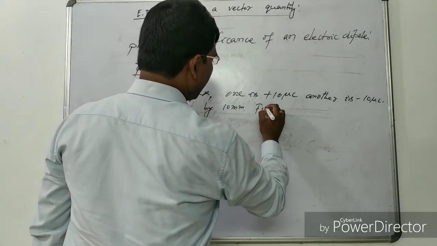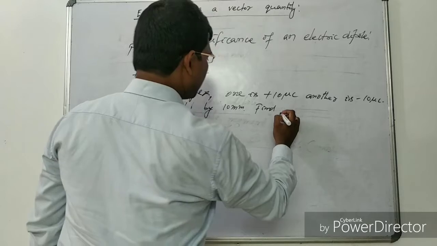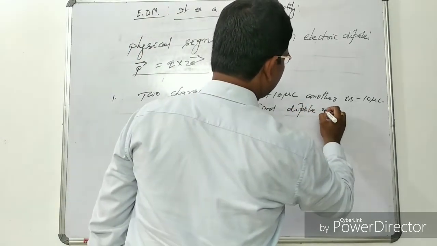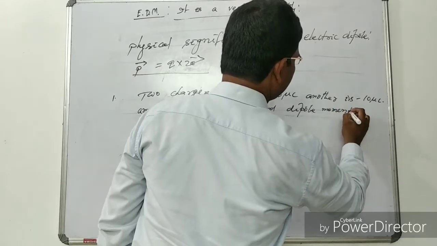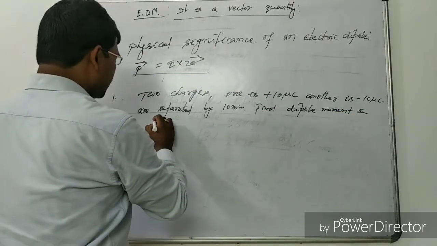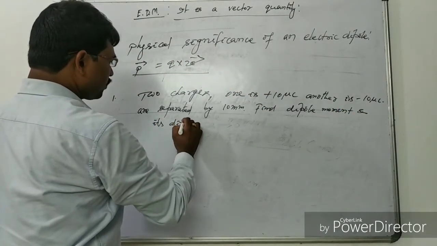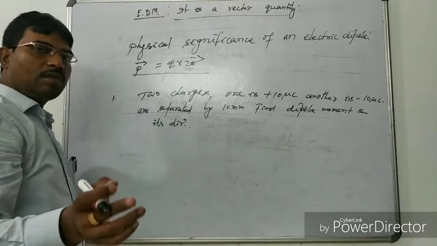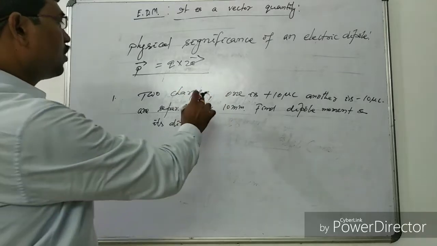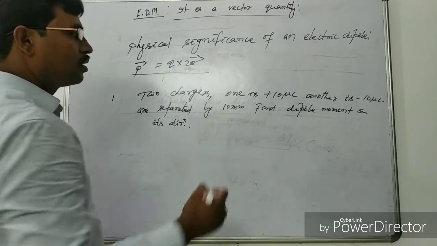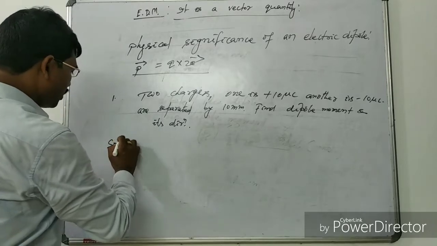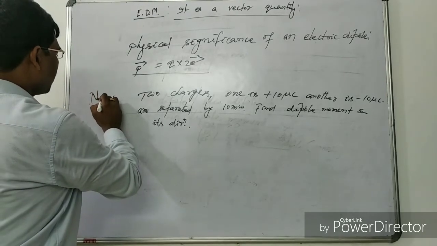Find the dipole moment and its direction. In the previous classes I have already told how to find the solution, what the steps are. Similarly, solution, it is numerical 1.